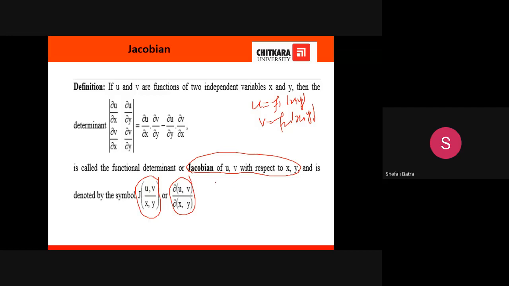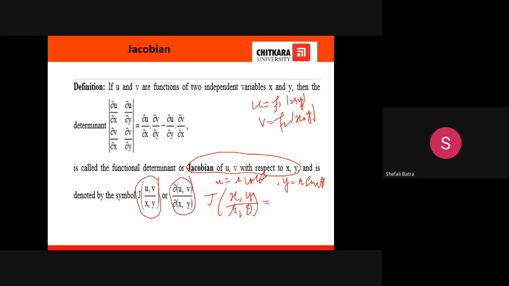So now I have given you the question: x is equal to r cos theta and y is equal to r sin theta. Now my question is, find the Jacobian of x, y with respect to r and theta. Right? x is equal to r cos theta, y is equal to r sin theta.